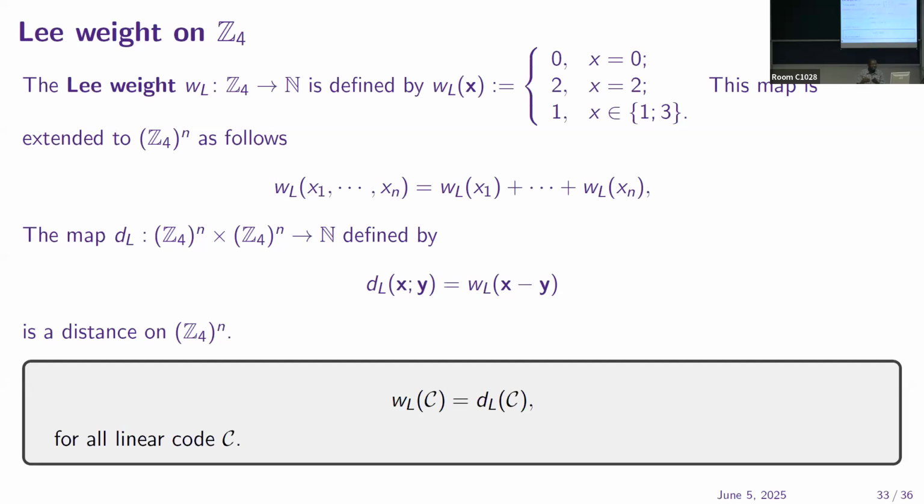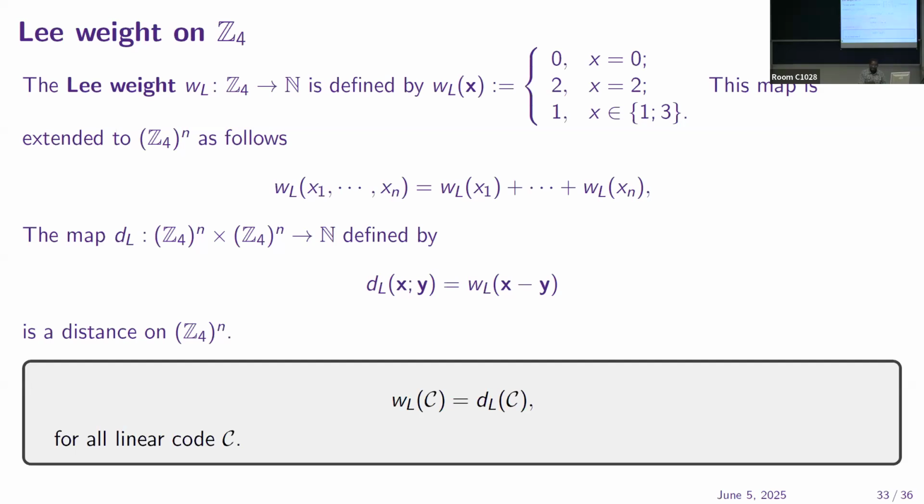The Kerdock code is constructed using the Galois ring, a Galois extension. This construction of the Kerdock code is technical. We advise you to read this construction. Take the time to study it. It is a nice construction.